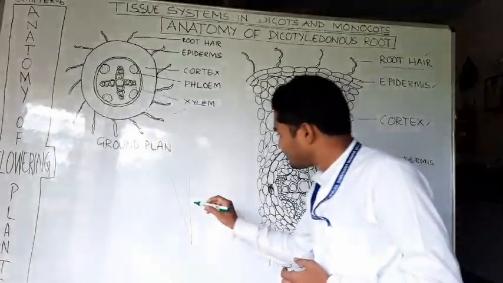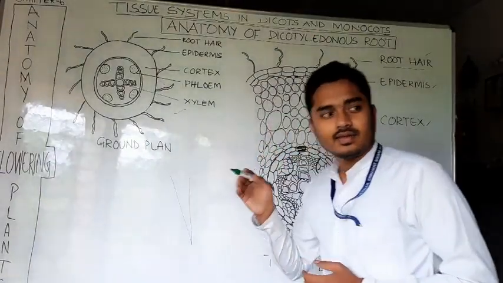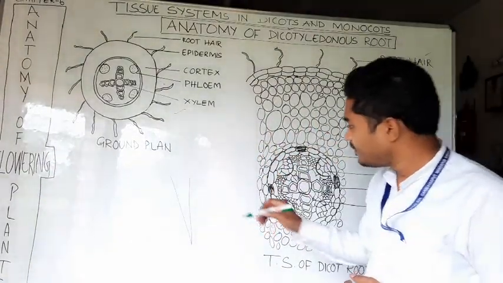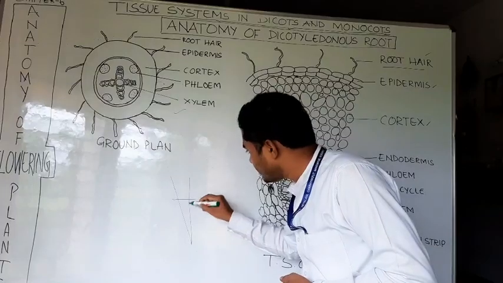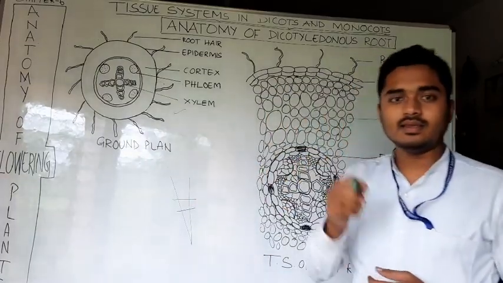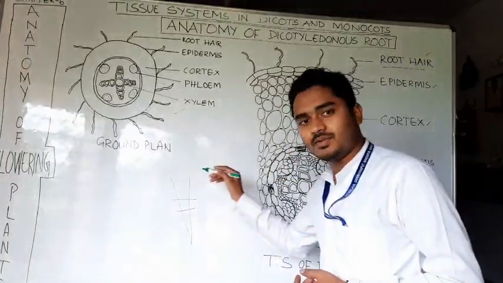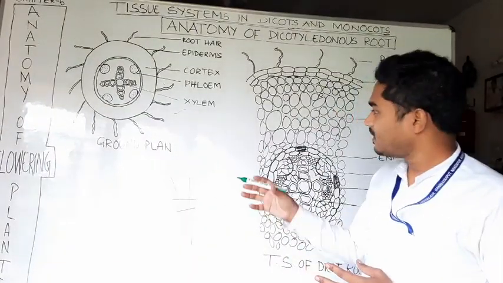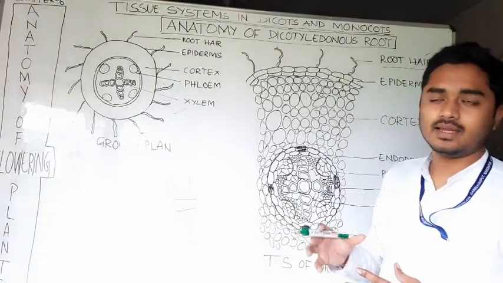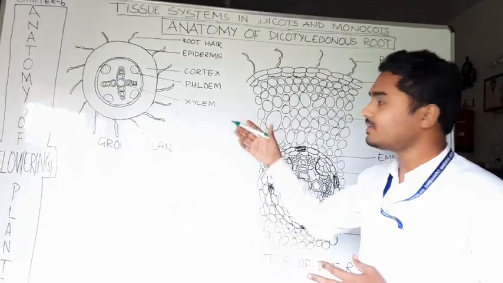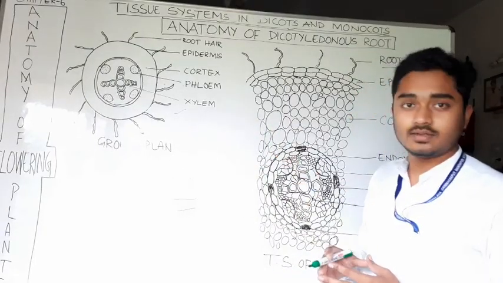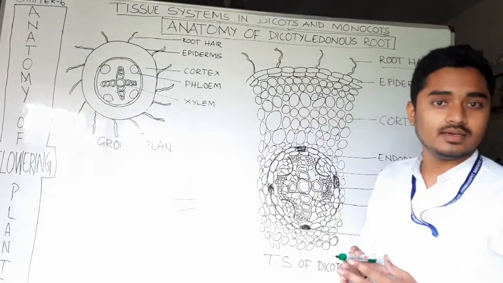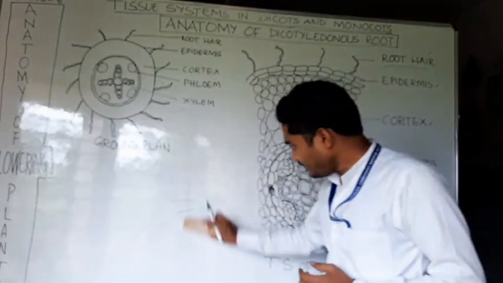First, with the help of a sharp blade, we cut it into various thin slices, and after adding safranin, we can take that slide under the compound microscope and observe the transverse section and how these tissue systems are arranged in a dicot root.